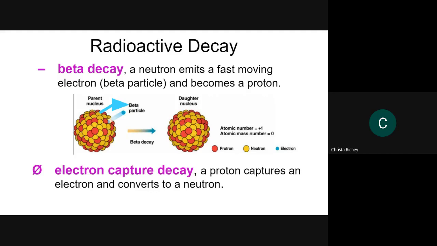If you give off an electron from a neutron, you become a proton, and your atomic number changes. If you absorb an electron, then you've also changed your atomic number.